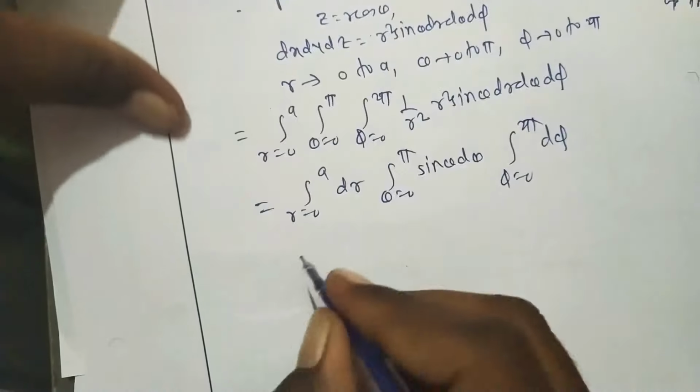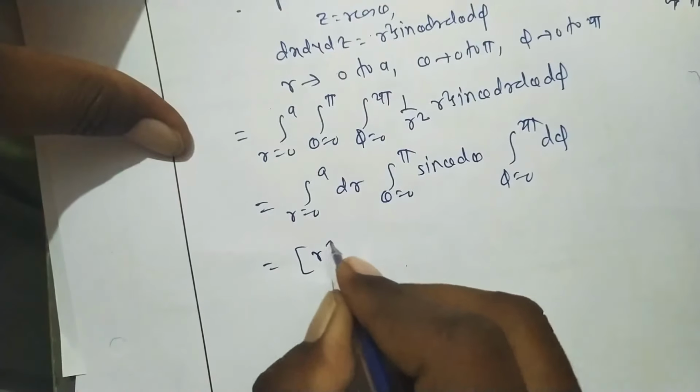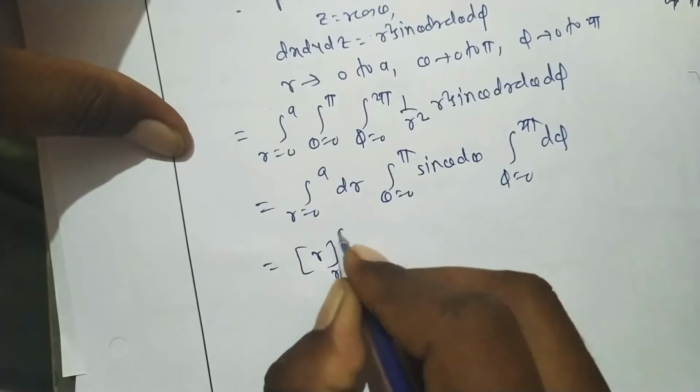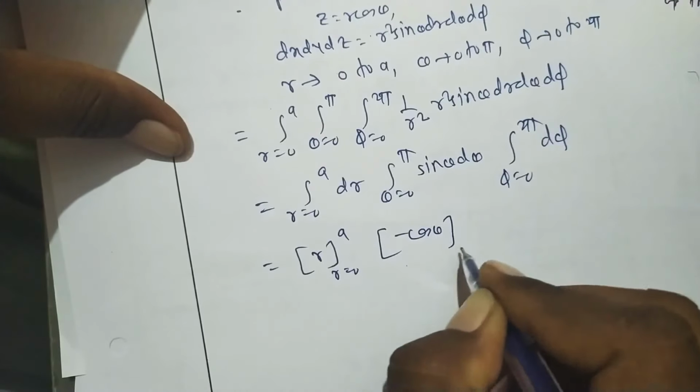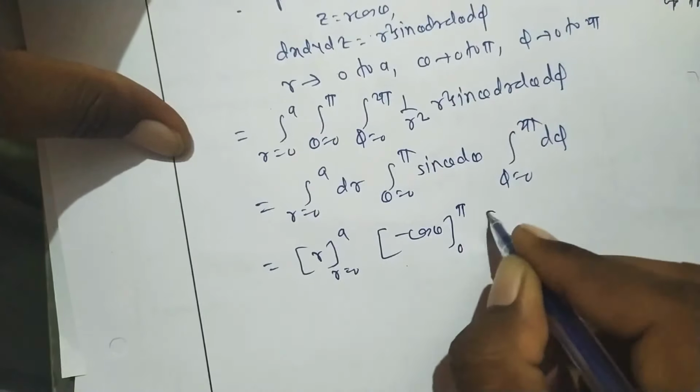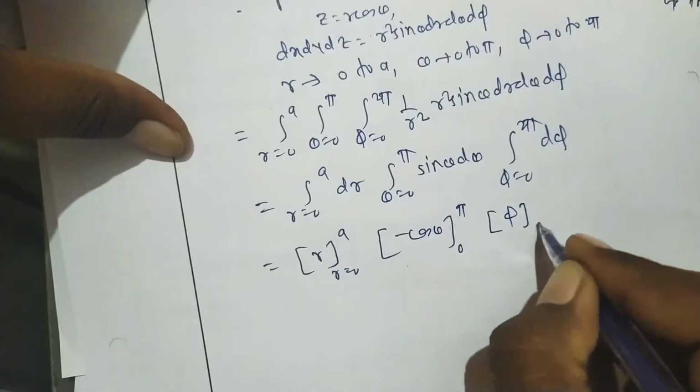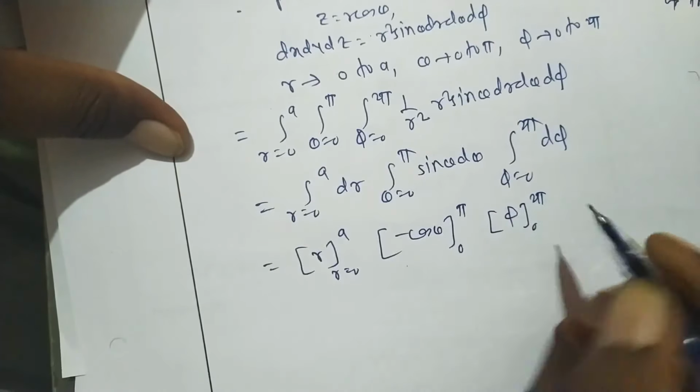Okay, so how do we integrate? The integration of dr is r from 0 to a. We know that the integration of sin theta is minus cos theta, theta varies from 0 to pi, and the integration of d phi is phi from 0 to 2 pi.